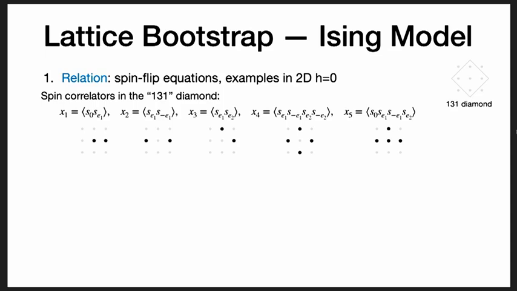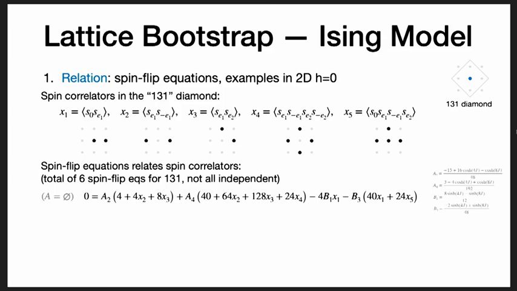Now, what happens if we flip the sign of the center guy? We'll get some linear relation between these variables, as we saw. Again, this is a bit ugly, but just to make the point that it's something very explicit and finite, a relation between these 5 variables. Just by doing the seemingly trivial thing of flipping the sign of one of these, the change of variables.